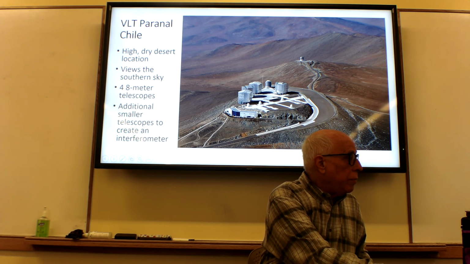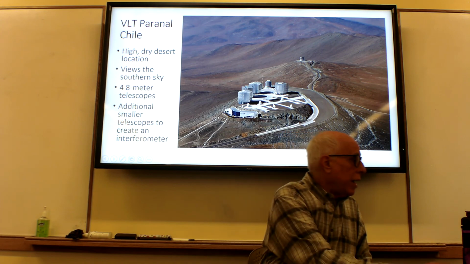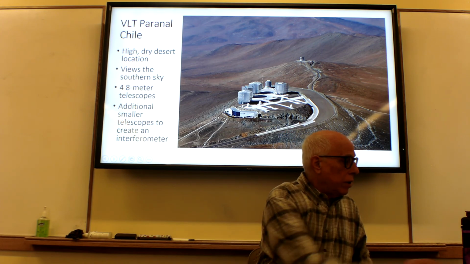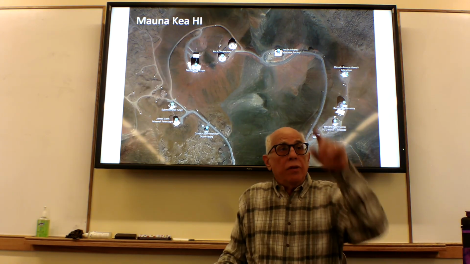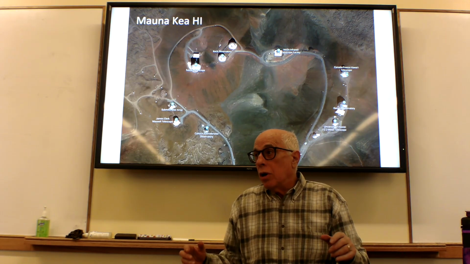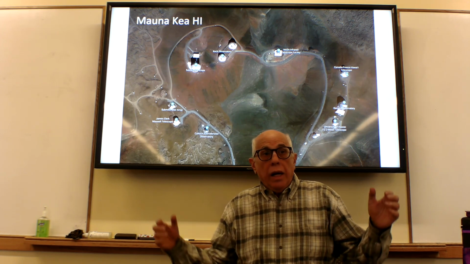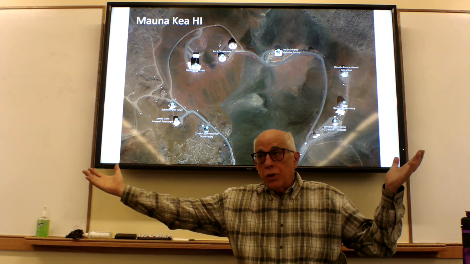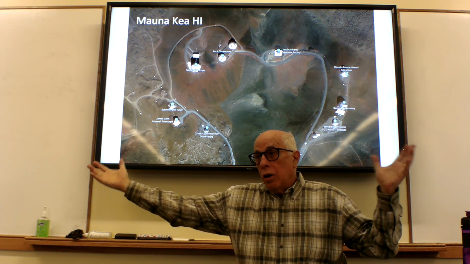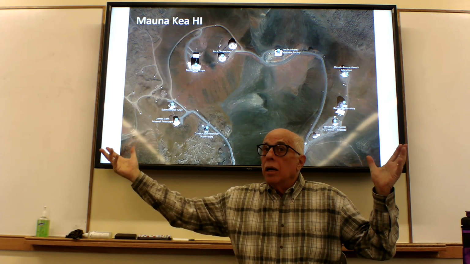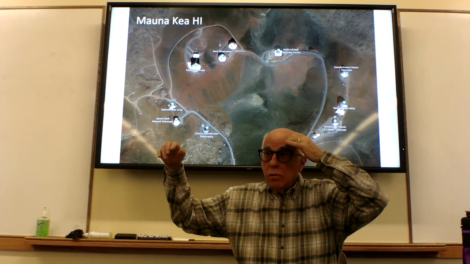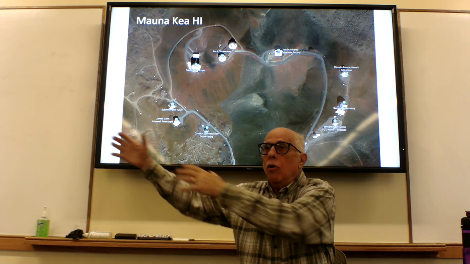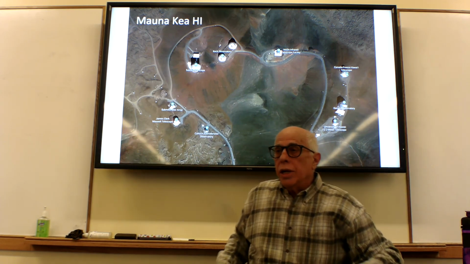You have the 4 8-meter telescopes, and then these complementary telescopes. And together they build something called an interferometer. Interferometer is not too different than what you might have seen if you go to New Mexico and you see the very large array out in the desert. It looks like a bunch of mushrooms. They're all radio telescopes, and they simulate the performance of a ginormous radio telescope by having a whole bunch of them spread out on the desert.